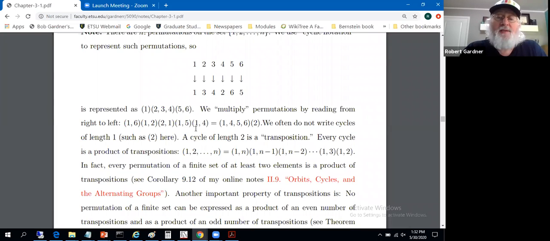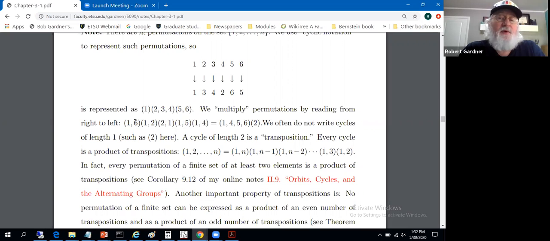Let's see where 1 is mapped. First, 1 is mapped to 4. Then I look to the left and see if 4 is mapped anywhere else, and it is not. So 1 is mapped to 4. Let's see where 4 is mapped to. 4 is first mapped to 1. Then 1 is mapped to 5.